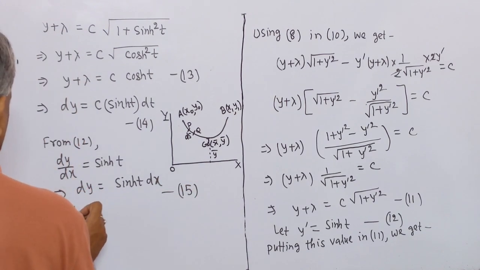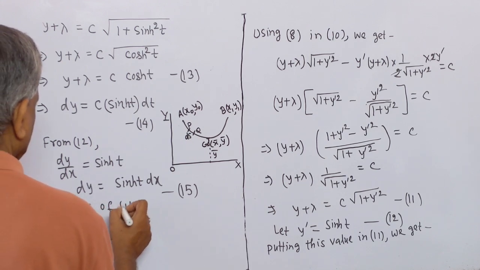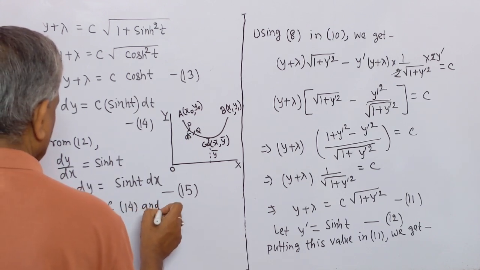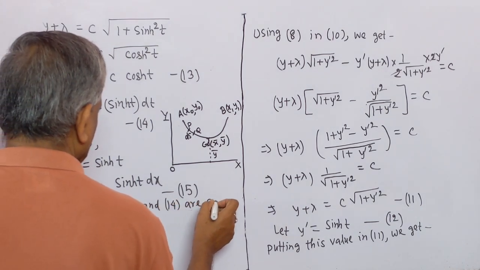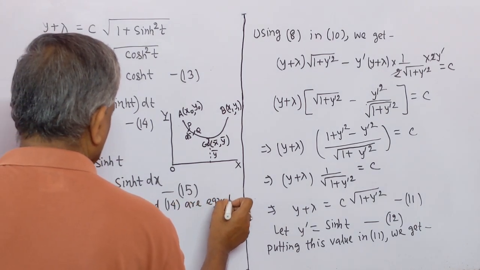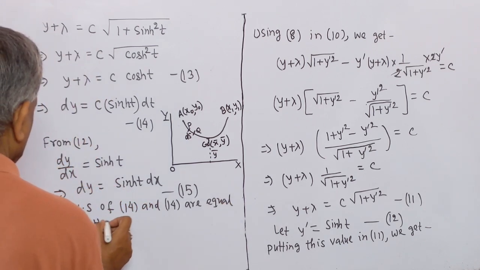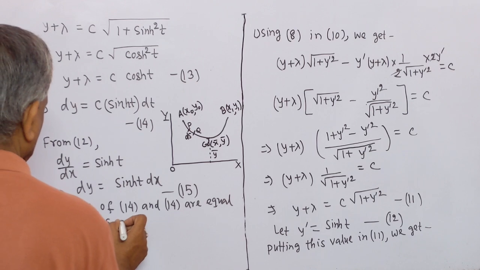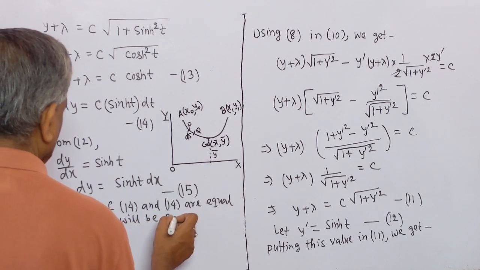Left side of 14 and 15 are equal. Therefore, right side will be equal.